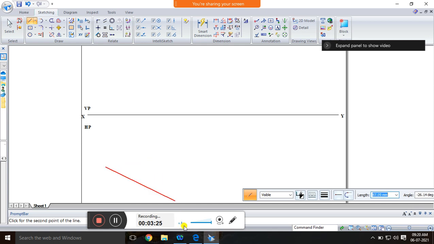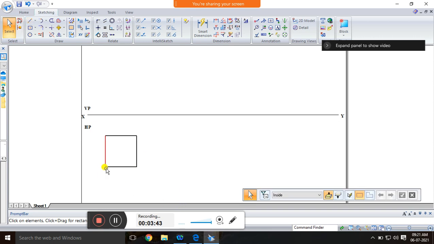The side is 35, so draw a horizontal line of 35, next vertical 35, horizontal 35, vertical 35, and join it. So you will get a square with an edge condition.